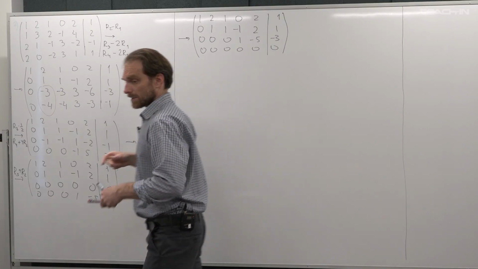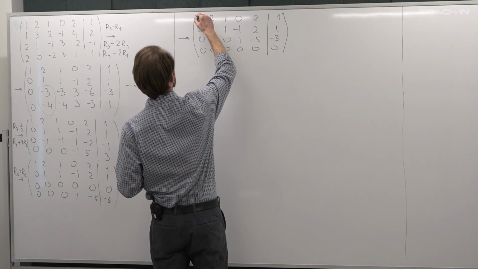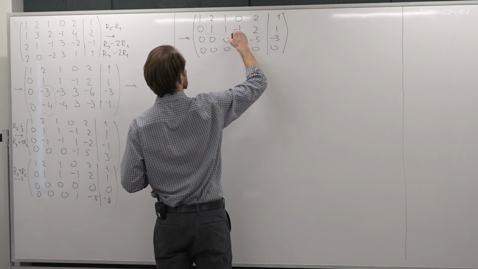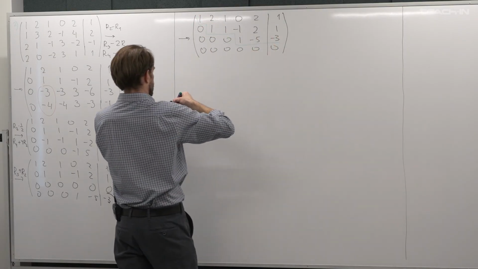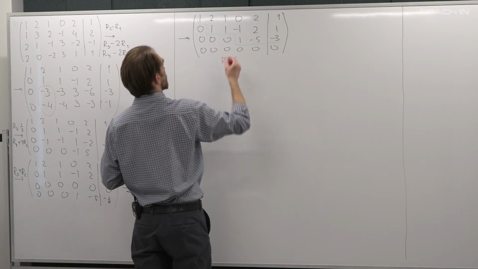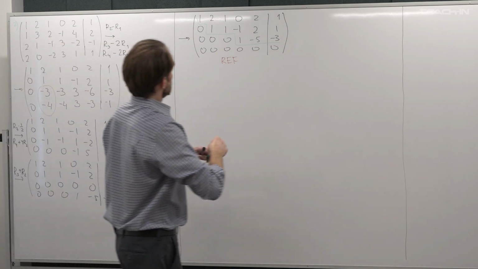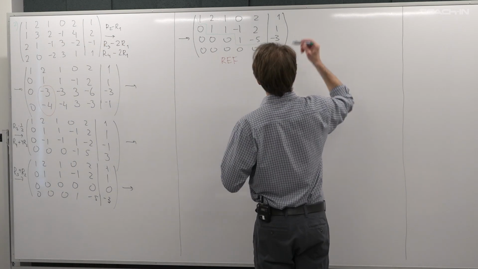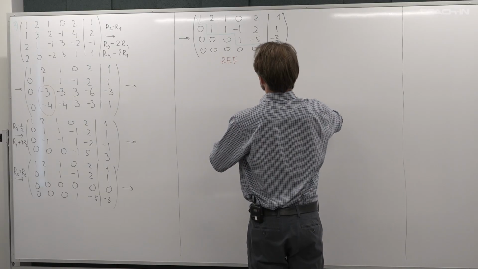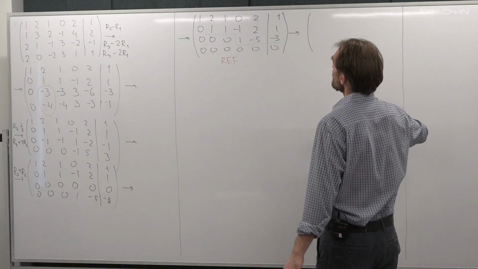So this is a row echelon form. But not yet reduced row echelon form, because we have non-zero elements above the leading ones. And so now I will proceed with more elementary row operations.